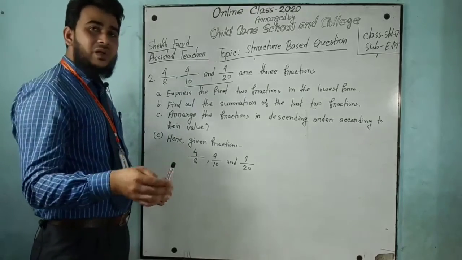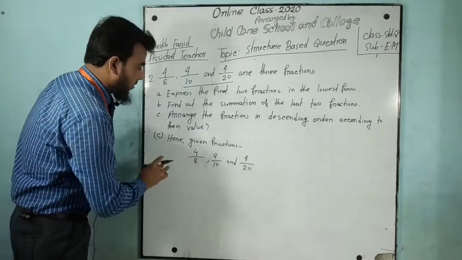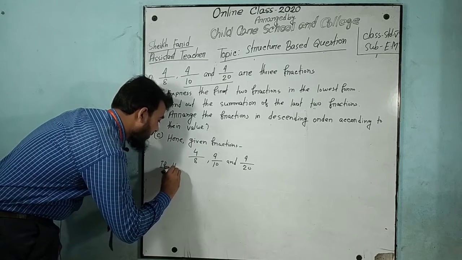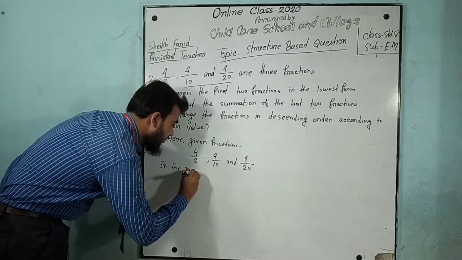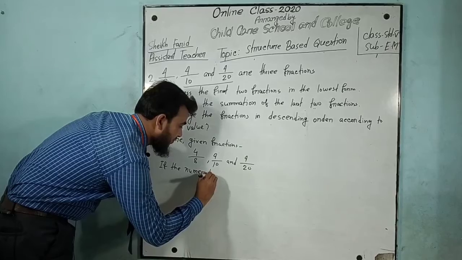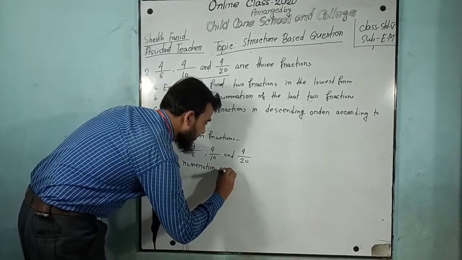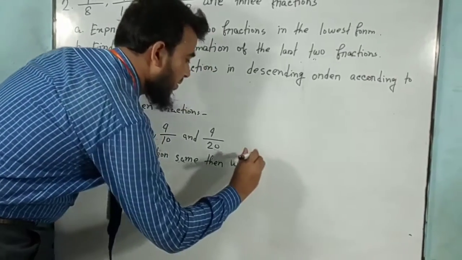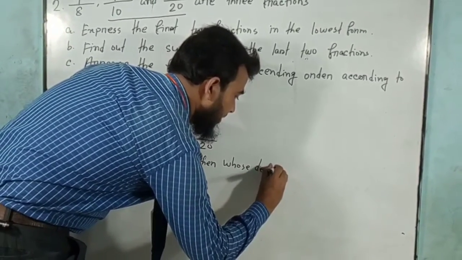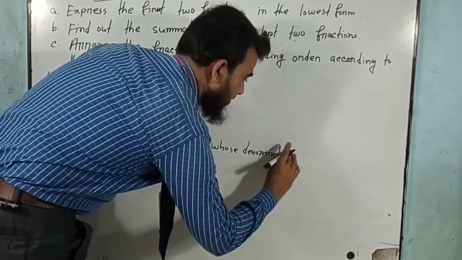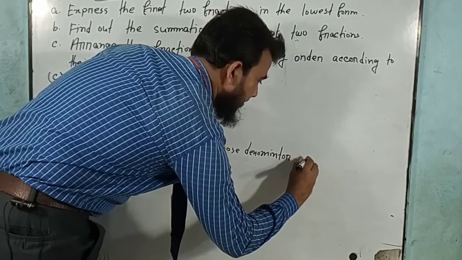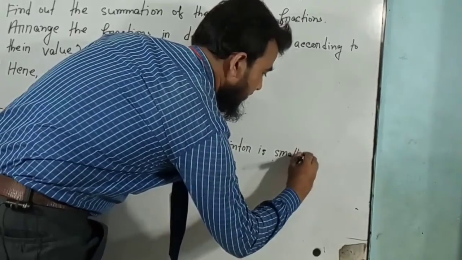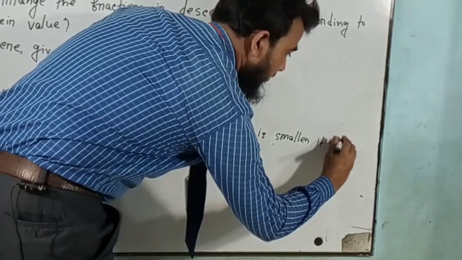Now, we have to arrange this, and we have to write something here. If you look at the board, if the numerator is the same, then whose denominator is smaller, it will be greater.